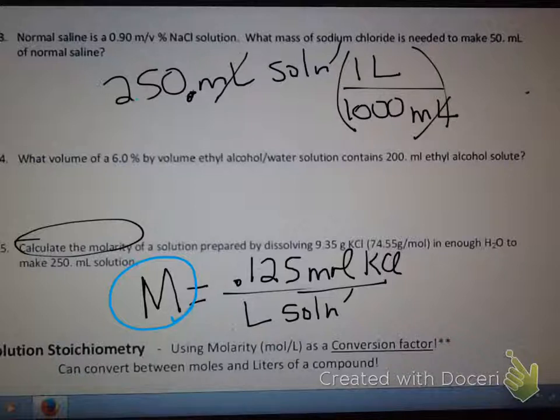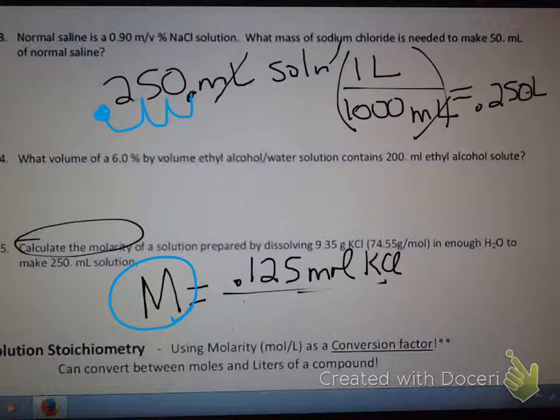So when I converted, I said 250 divided by 1,000. So when you go from milliliters to liters, you always divide by 1,000. And divide by 1,000 means to move the decimal place 3 to the left. 1, 2, 3. So you end up getting 0.250 liters. Always watch out with molarity to make sure you have liters of your solution.